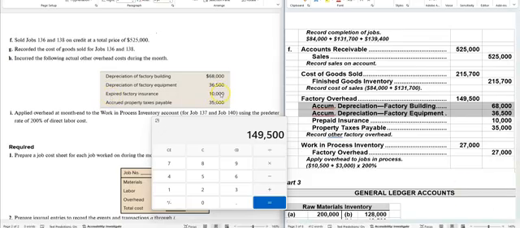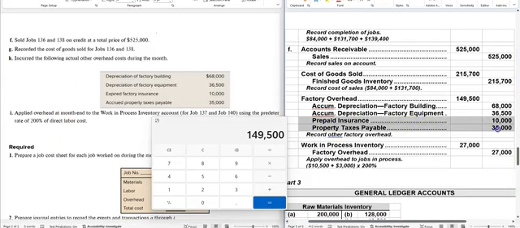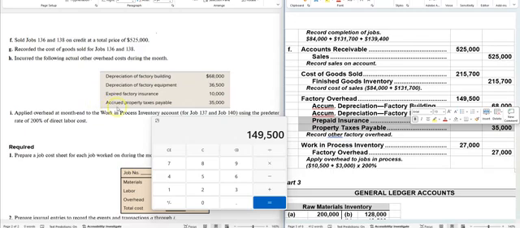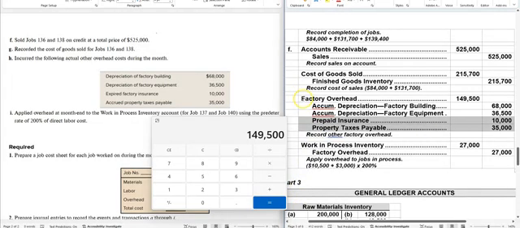Expired factory insurance normally is a debit to insurance expense and a credit to prepaid insurance. And if we are recording a liability for our accrued property taxes payable, we credit property taxes payable.